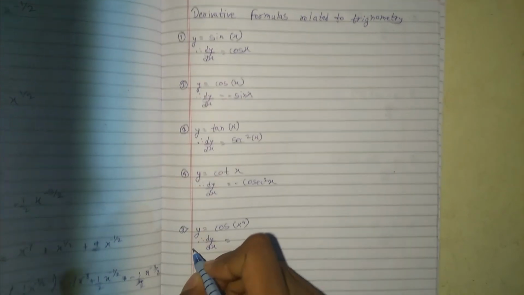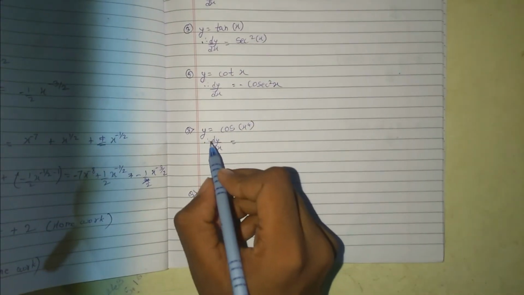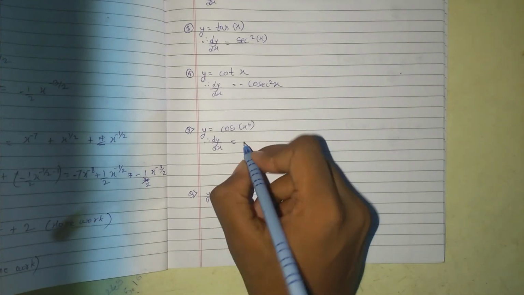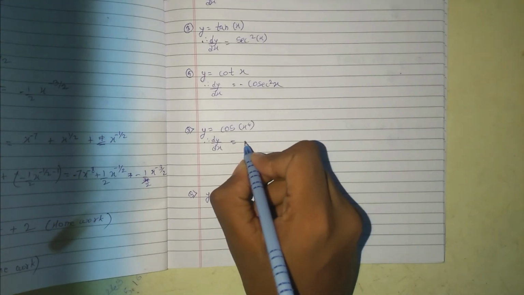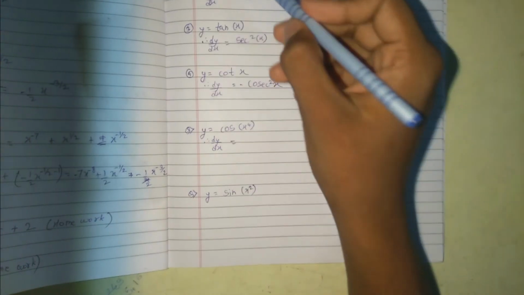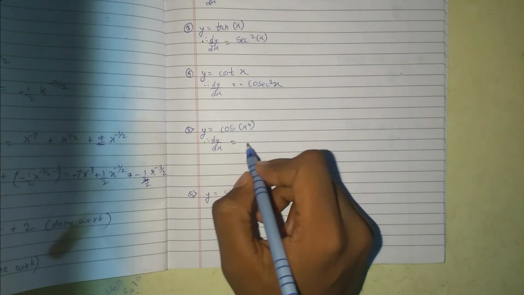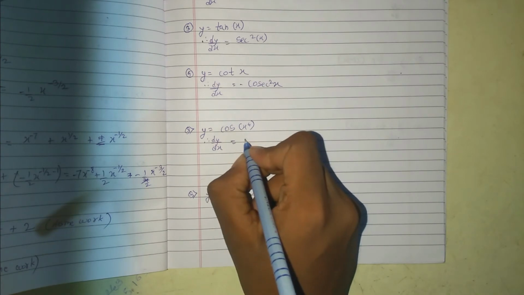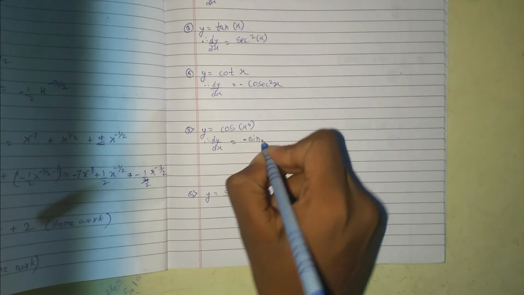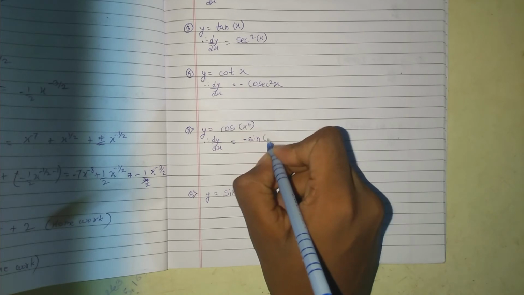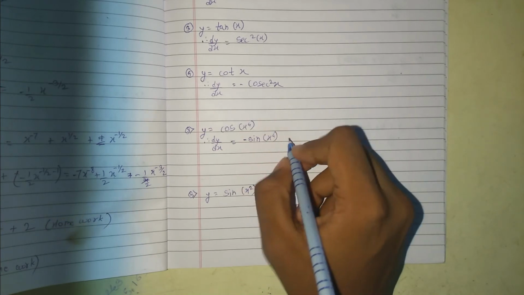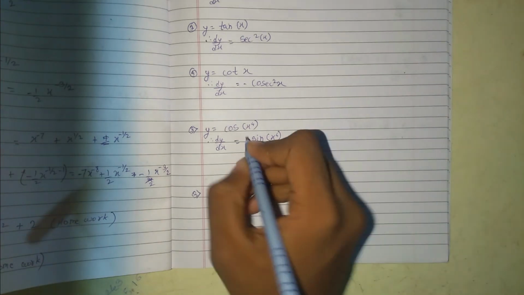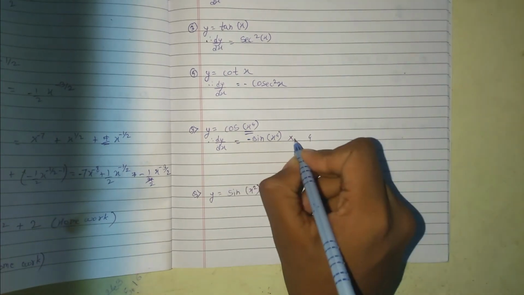So let's solve some questions regarding this. Given that y is equal to cos x raised to 4. We know that the derivative of cos x is minus sin x, so it will be minus sin x raised to 4, into the derivative of the power.